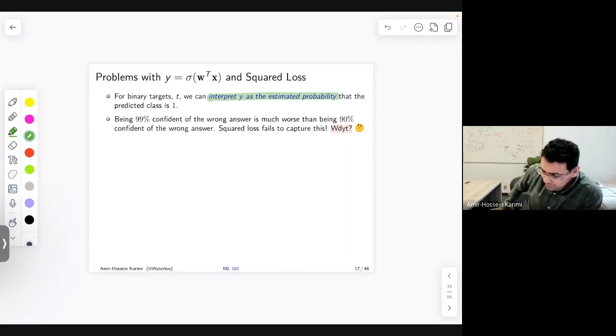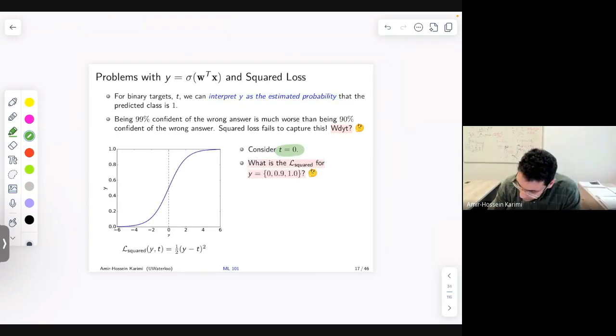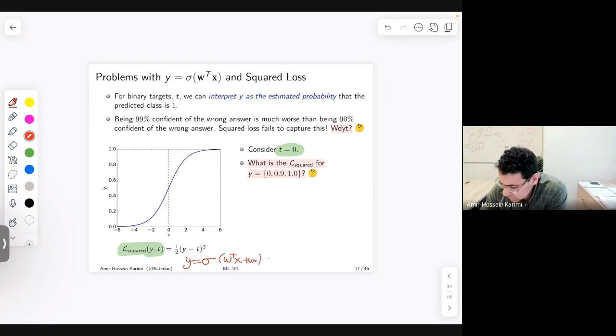So let's say my true target is t equal to 0 as before. I'm using the two-step process again as before, where I have a squared regression loss 1/2 of (y minus t) squared, and my y is sigma of w transpose x plus w naught, which is equal to 1 over 1 plus e to the negative w transpose x minus w naught.